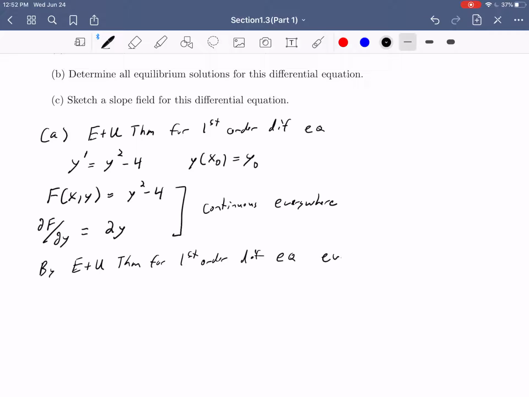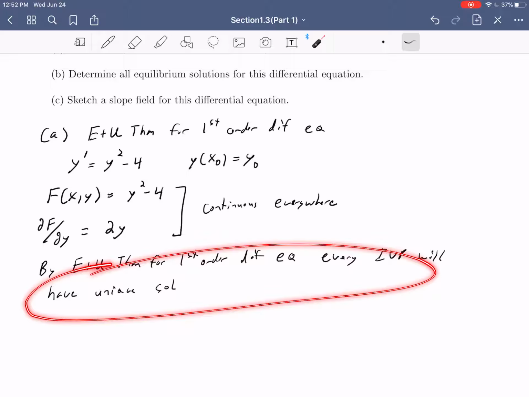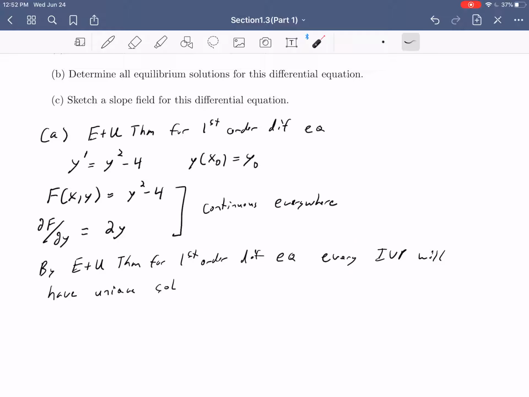That's guaranteed. Nice and easy. As long as you have it in that format of y prime equals a function of x and y, and you can check that that function and its partial with respect to y are continuous everywhere, then you immediately know that every IVP will have a unique solution.